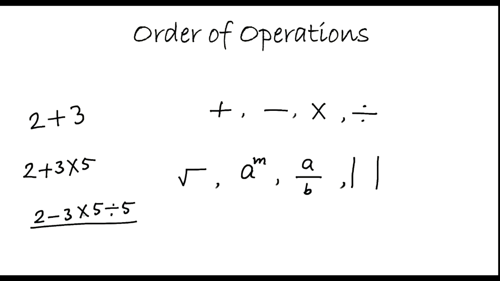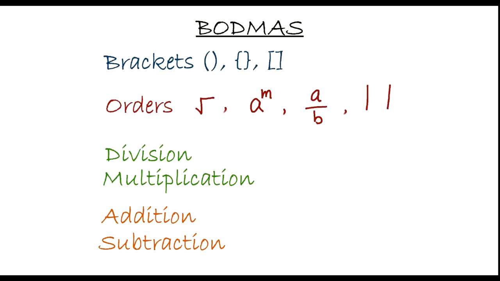That order is our lesson today. Now, how do we follow the order, how do we do the operations, in which sequence, let's see. So what is the sequence and how can you remember?